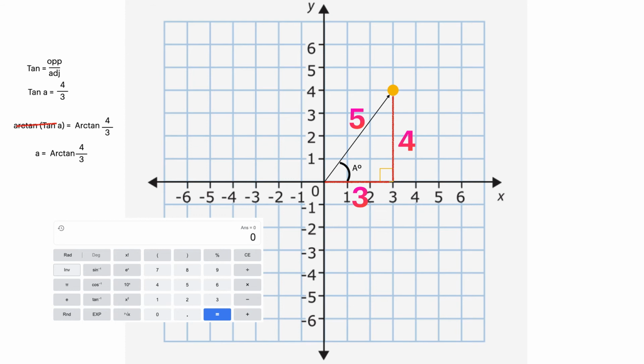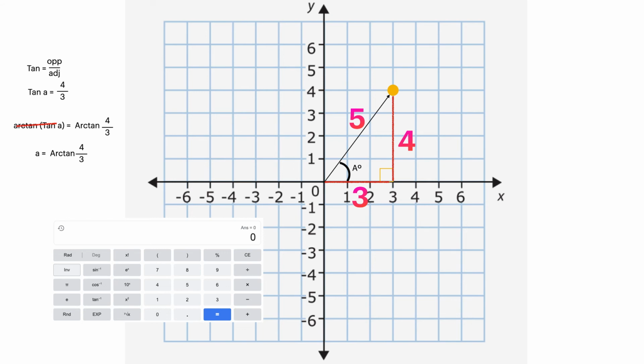Now I can't do that on my own, but you know what can? A calculator. I have a calculator down there; this is just the Google calculator. You can just search up calculator on Google and you will get this calculator. You can follow along at home with your own scientific calculator.